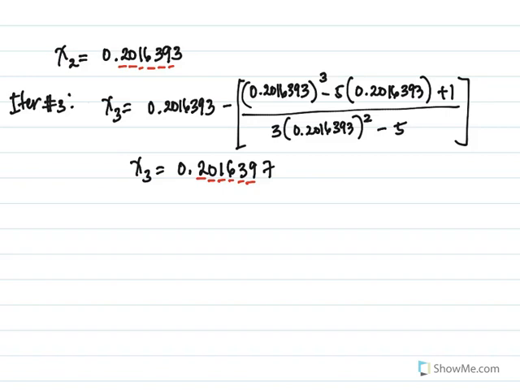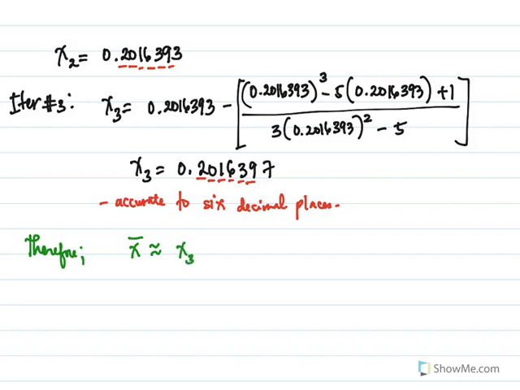So we now say that this one is already accurate to 6 decimal places. Therefore, we can now conclude now that x bar is approximately equal to x3 after 3 iterations. This is equal to 0.2016397.